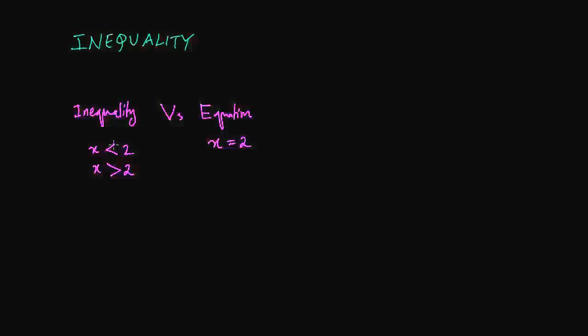Now this less than symbol means there are many values that are less than 2. So this is not exactly one value, this is many values. And when we have greater than 2, it also has many values. So when we're talking about inequality, we're not just talking about a root. When we talk about x equals 2, it is the root of the equation, and that is exactly 2.